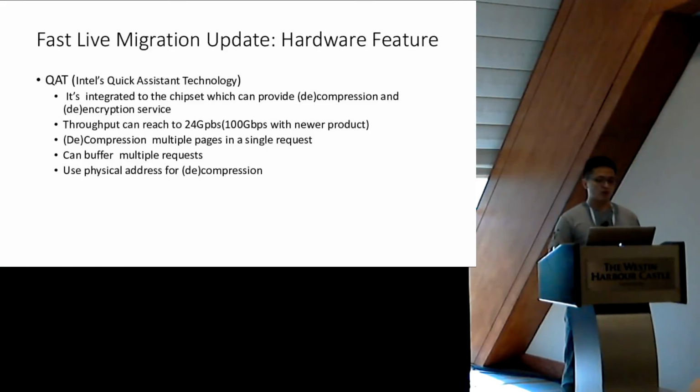That means we can send many requests to the QAT device without waiting for completion. We should pay attention that QAT is using physical addresses, so the memory cannot be changed during QAT's work.